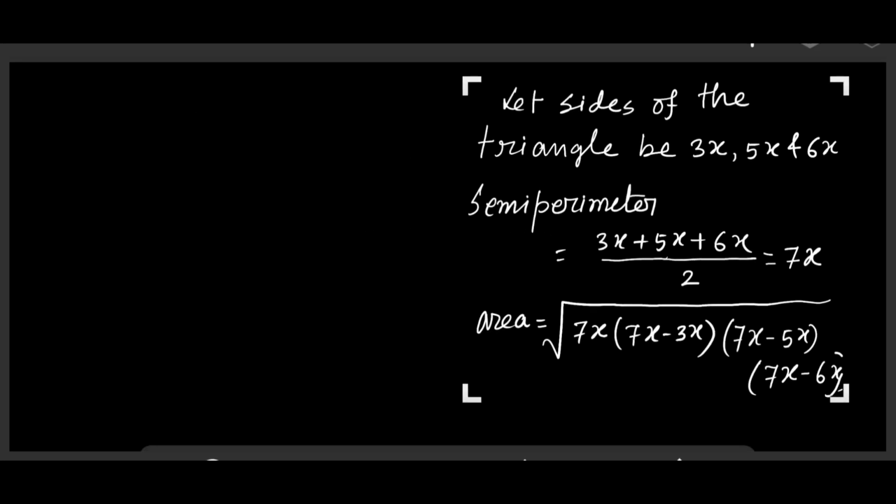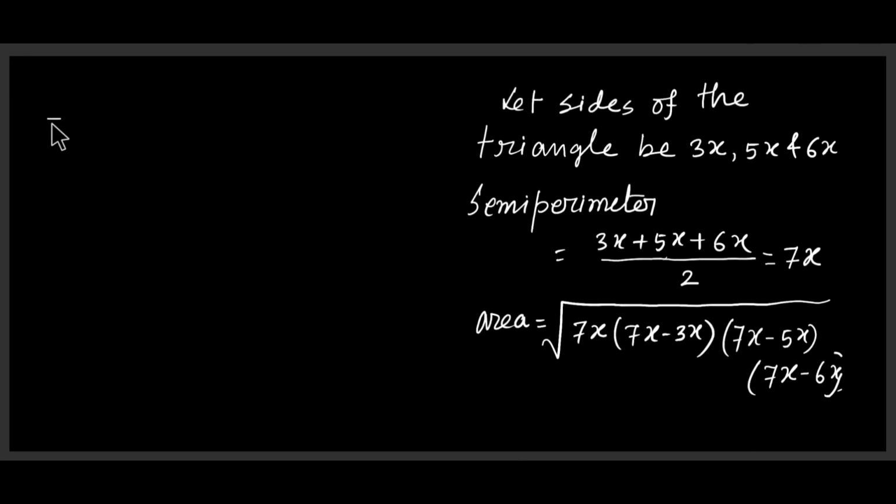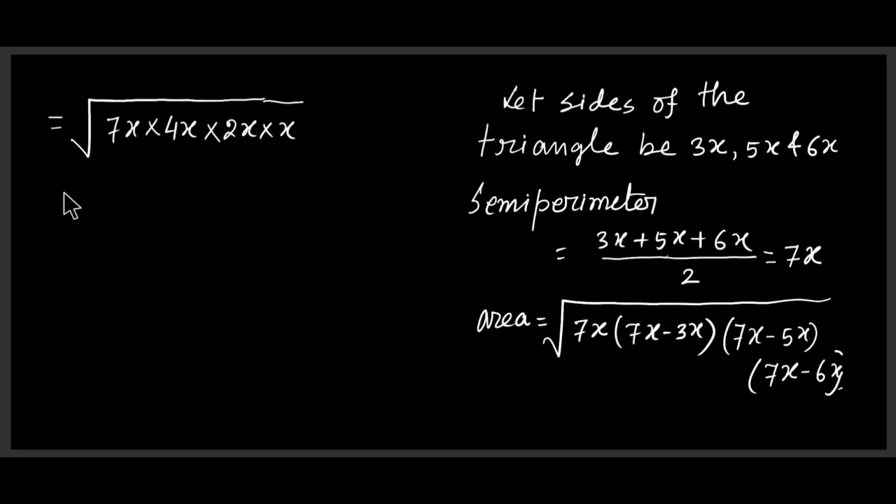Now let's calculate the area, and it will be 7x into 4x into 2x into x. So let's calculate this area. So here 2 pairs of x, so that means x square, and square root of 4 is 2, so 2x square root 14 centimeter square.